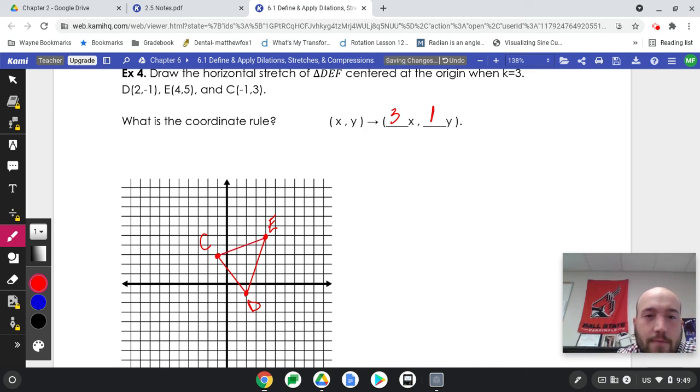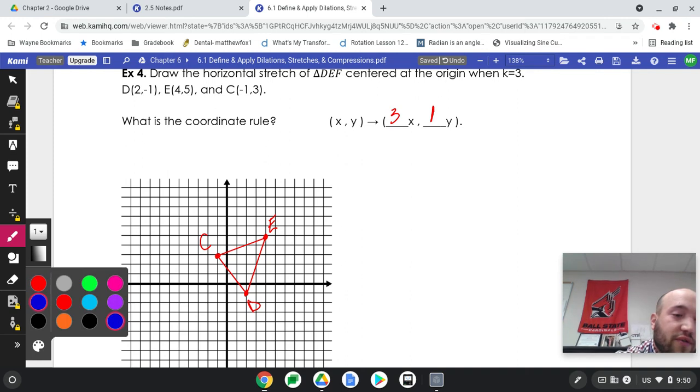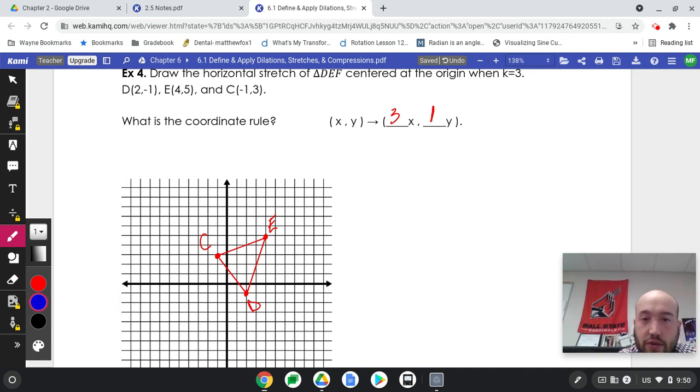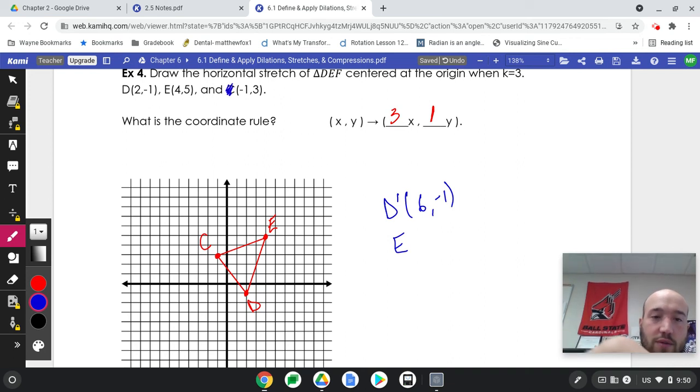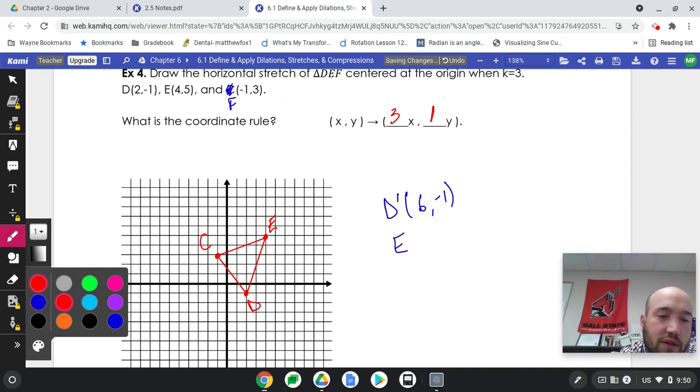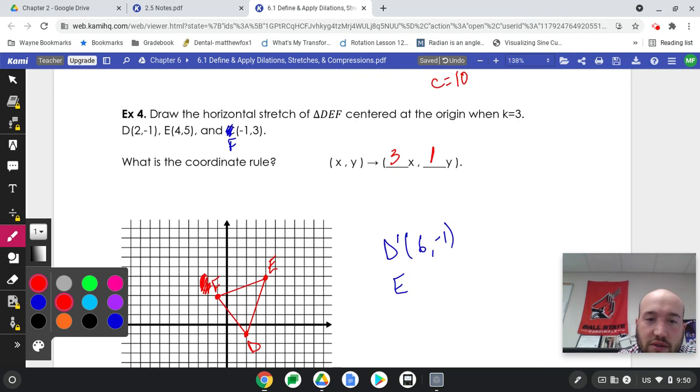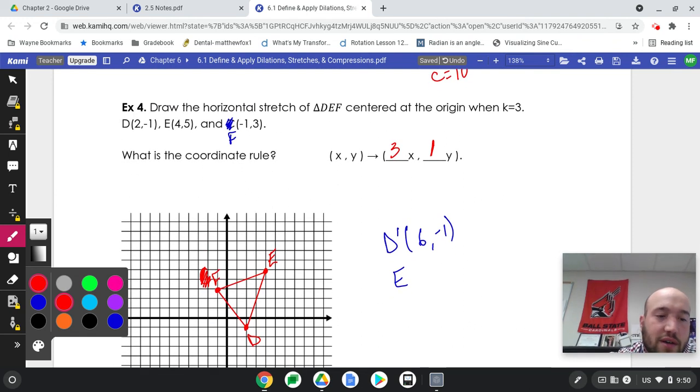And there's our shape. So if we are going to find our image, D prime will become 6, -1. The y does not change. E prime. Also, this was supposed to be an F, wasn't it? It's a typo. I said triangle DEF and then forgot to change it there.